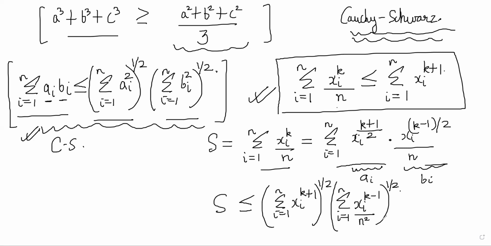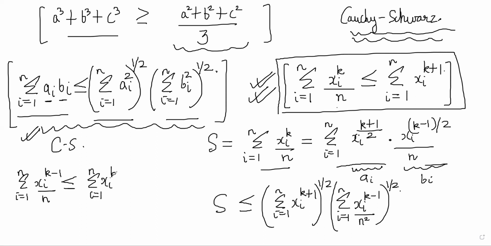Also, I forgot to mention one thing. We are going to prove this by induction, by strong induction. Right now I'm trying to prove this statement. Think of this as the inductive step. We already know that summation of i goes from 1 to n xi power (k minus 1) by n is less than or equal to summation of i goes from 1 to n xi power k.